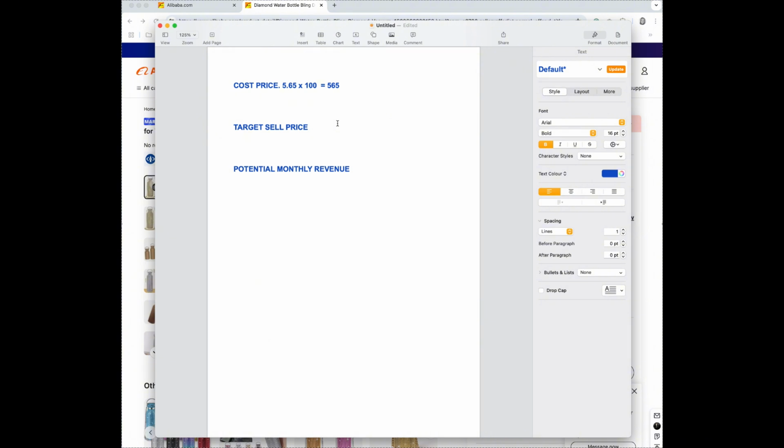Then we need to figure out our selling price. So the selling price is going to be based on the price that you're going to pay to the manufacturer. And also, very, very important, you need to aim for a minimum profit margin of 3.5 or 4x, right? So in this case, we're going to think this way.